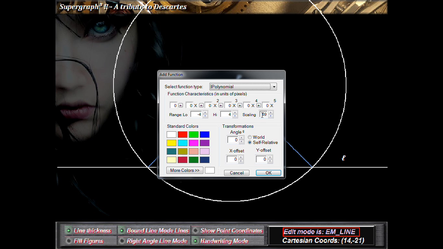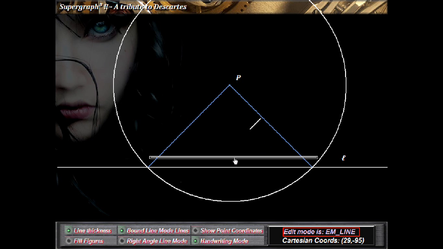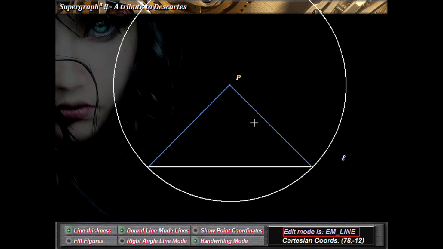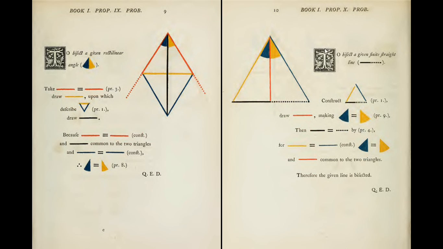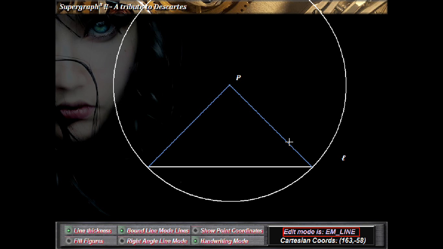Doesn't matter. 50. That's it. Almost. Okay, that's almost ready. Okay, now this line we can bisect, according to problem 10.